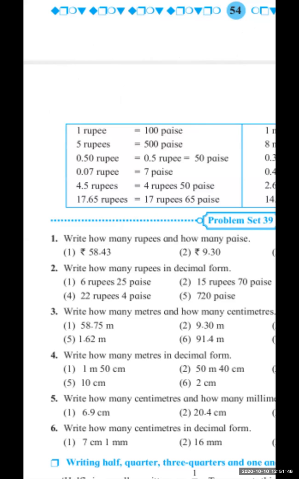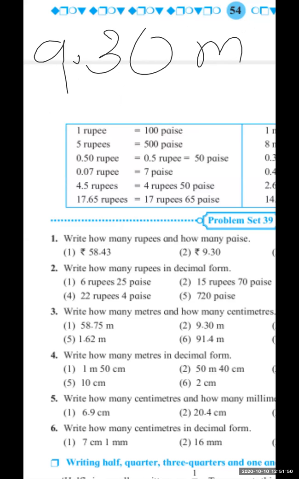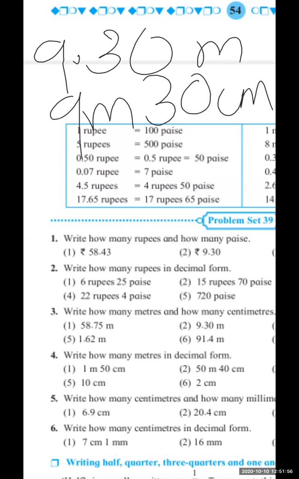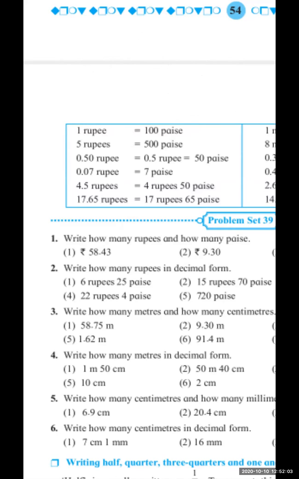Next is 9.30 मीटर. सो आगे 9 इज अ होल नंबर. So 9 meter will come and 30 centimeter will come. Simple. Correct. Here, last one, 91.4 meter.